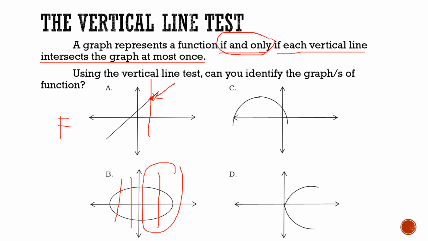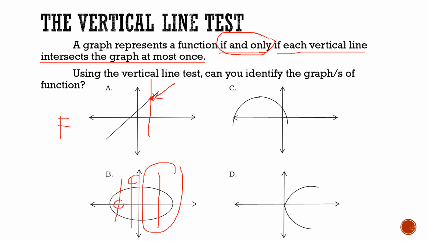But again, if you decide to put your vertical line here and here, you need to satisfy the given condition, if and only if each vertical line intersects the graph at most once in all parts of your graph.